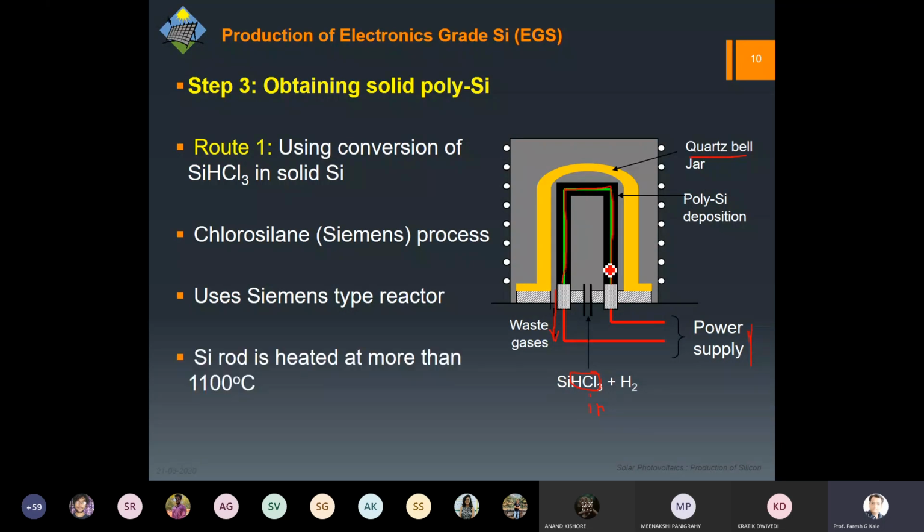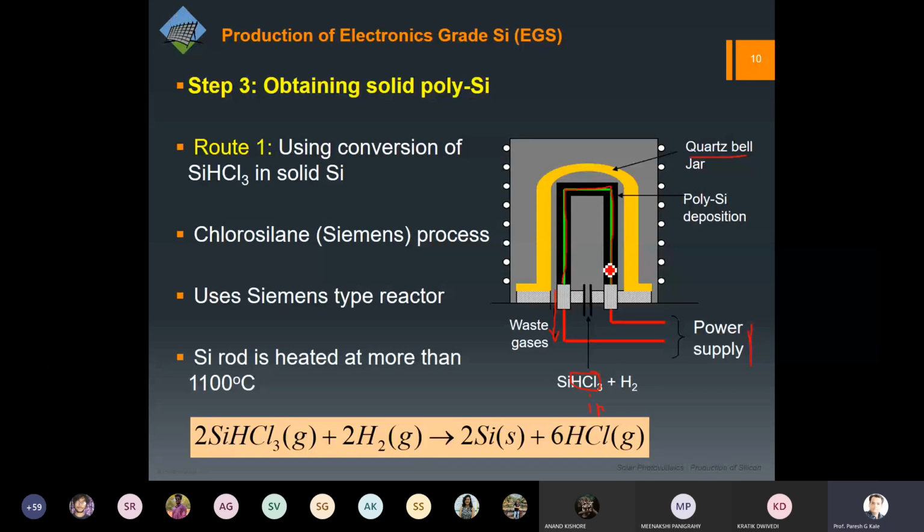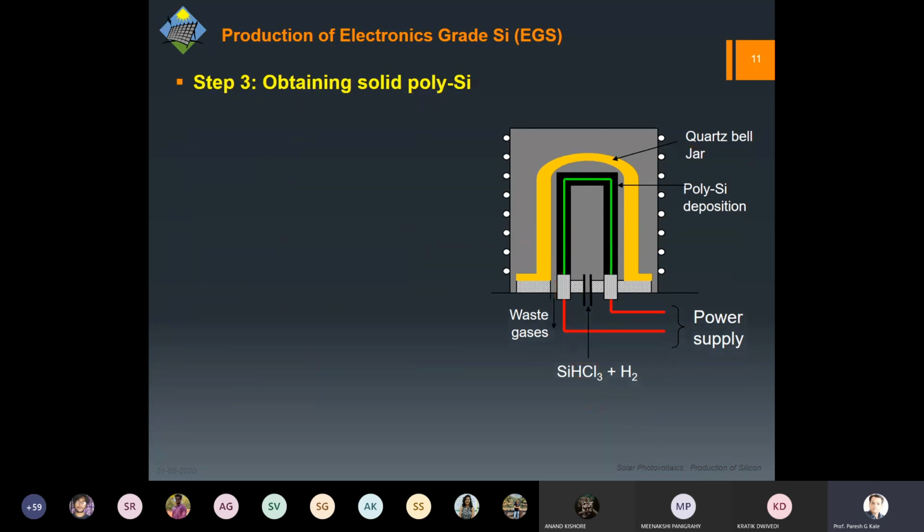So this rod is heated at around 1100 degrees Celsius so that the deposition can take place. And you can see the reaction is, as I've said, when you pass hydrogen gas, you get the solid. S stands for solid, because that is what is being deposited on the rod, and the HCl gas is removed as a waste gas, which of course can be used later.